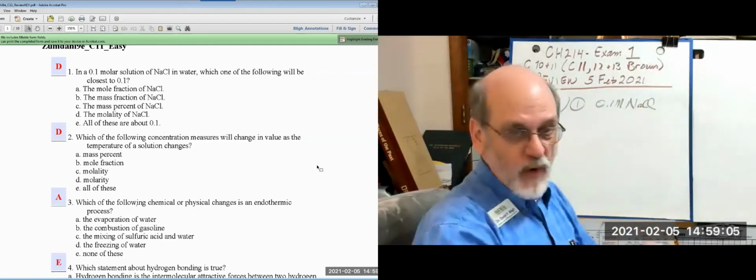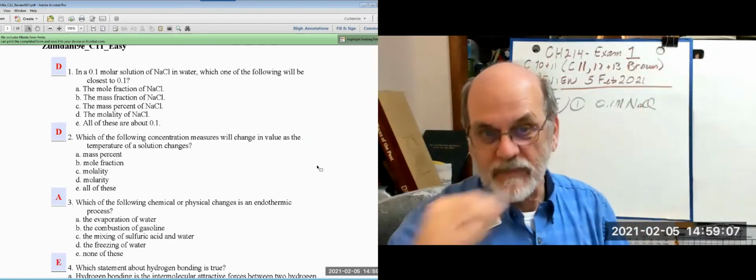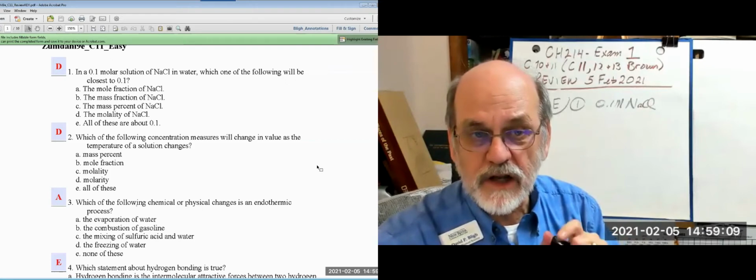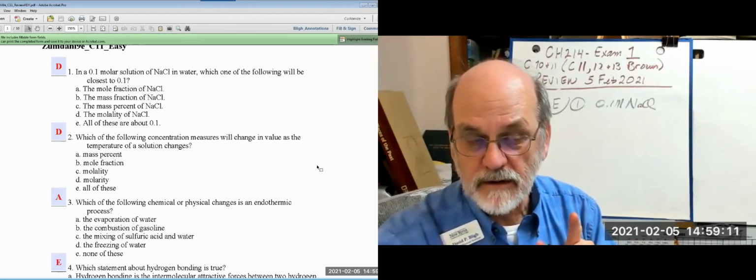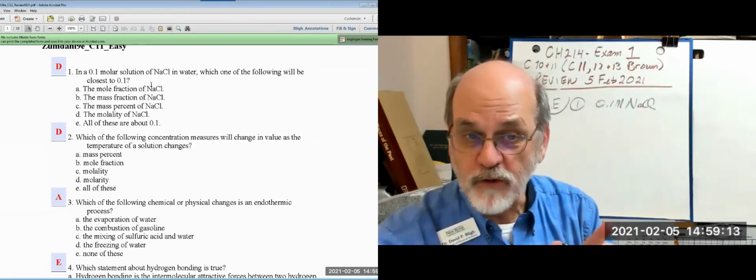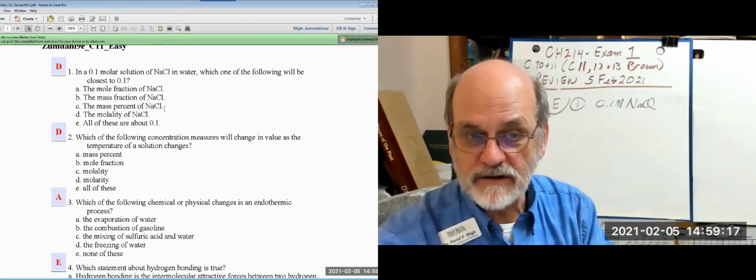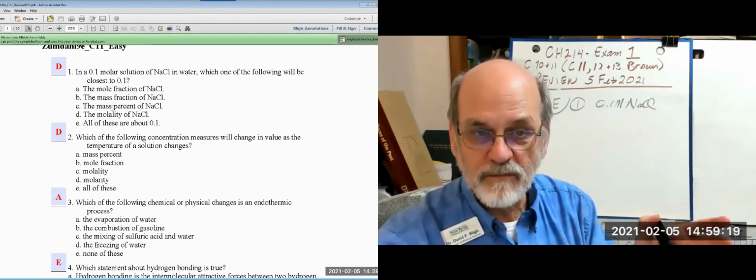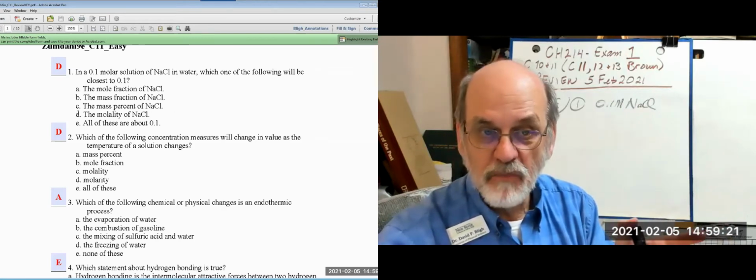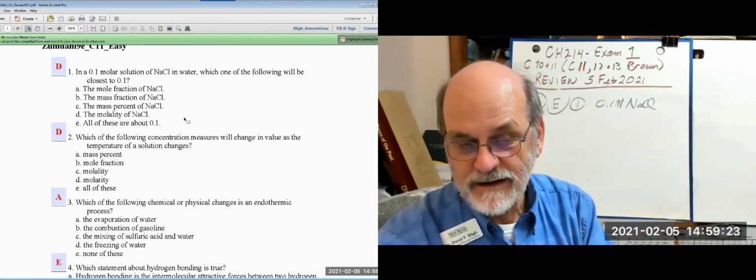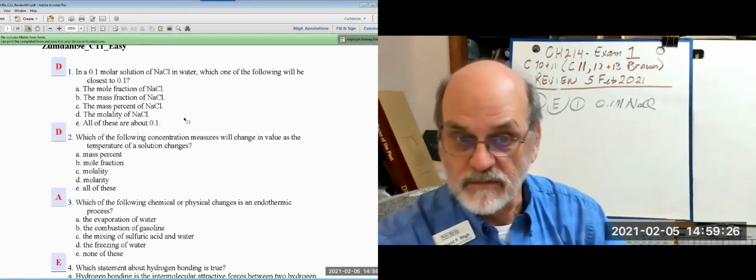The question is, which one of the following will be closest to 0.1? Is it 0.1 mole fraction? 0.1 mass fraction? 0.1 mass percent? 0.1 molality? Or are all of them 0.1?